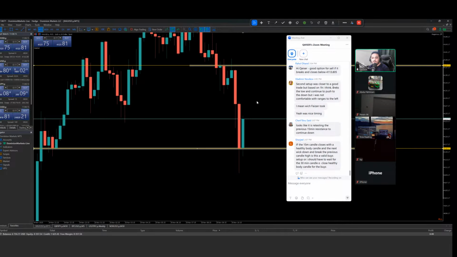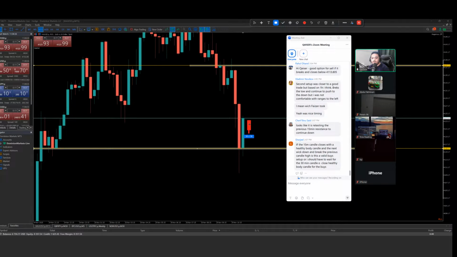If you wait for the 30-minute, suppose that this 50 minutes is going to be closed with a healthy body and the next 50 minutes is going to close with a small bullish candle, or might be a small bearish candle.